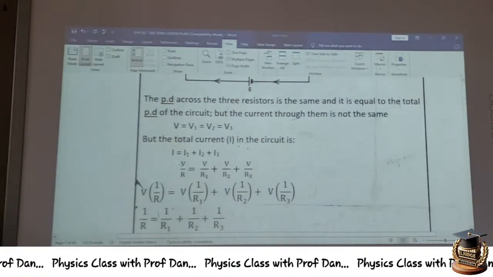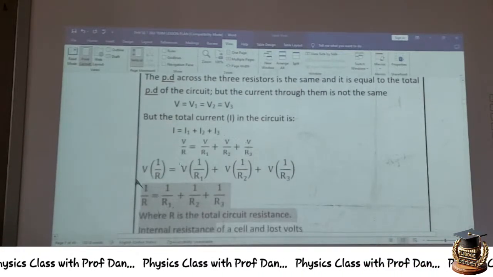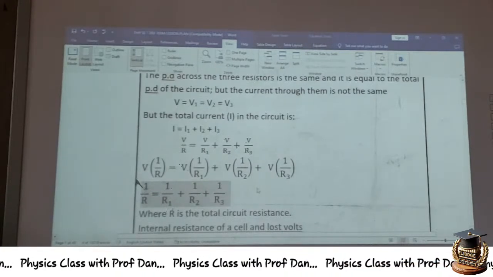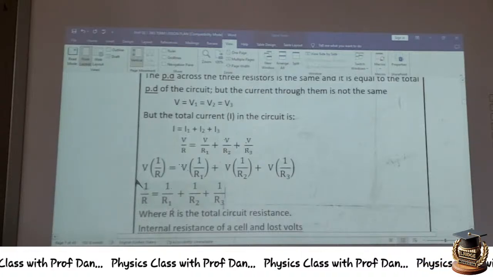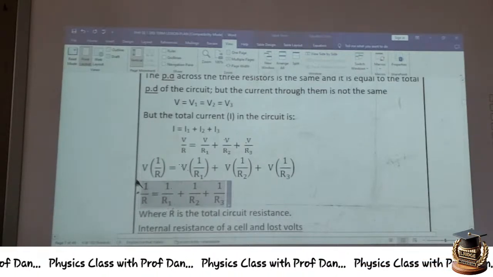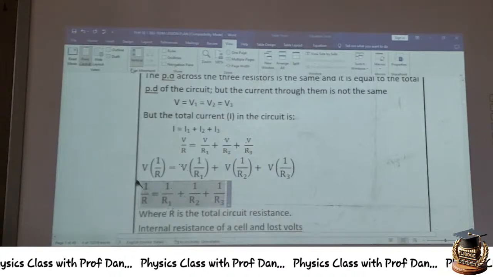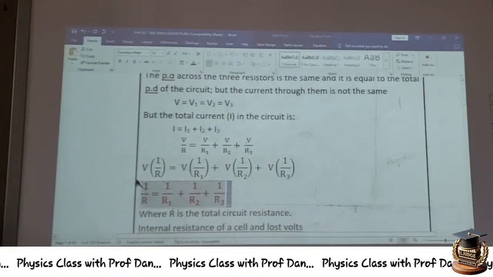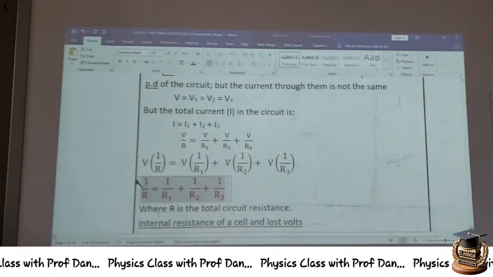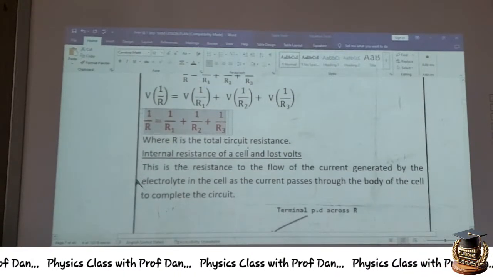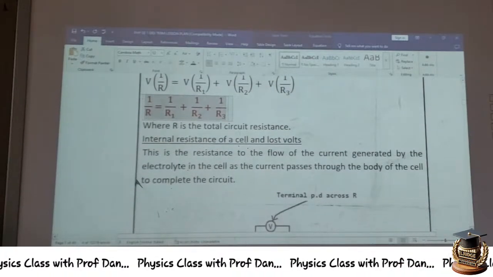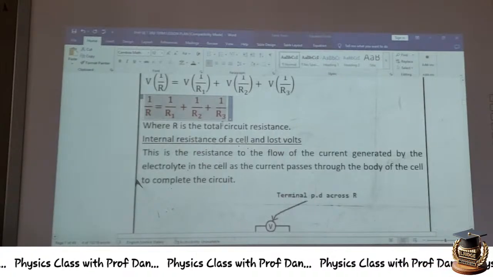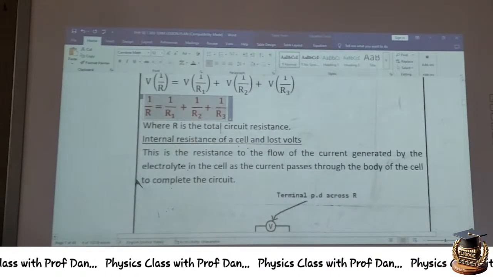So we then have this formula, which is the formula for calculating the total resistance in a parallel connection. These are external resistances that are joined to the circuit.